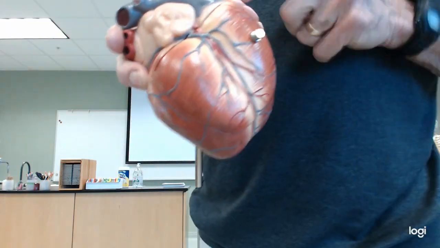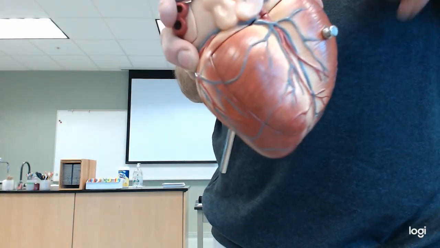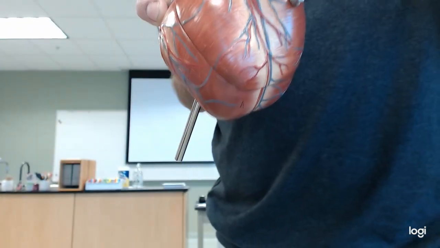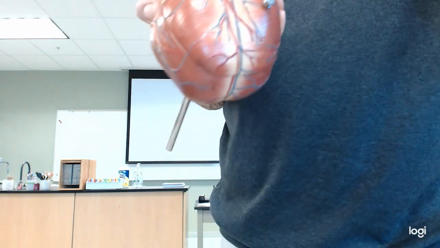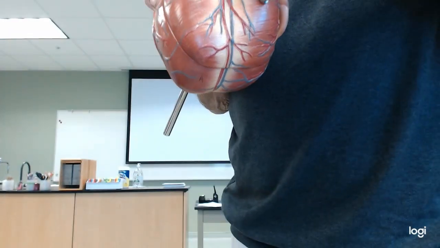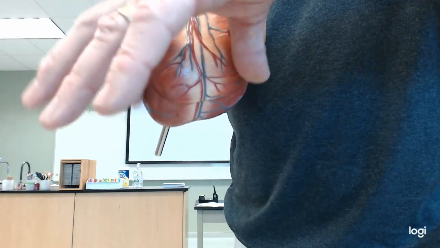The SA node is in the upper side of the right atrium, sends the signal down to the AV node, which takes it down into the ventricles. Okay? SA node, AV node is about at the AV junction here, goes down the bundle of His, left and right bundle branches, Purkinje fibers, like that.